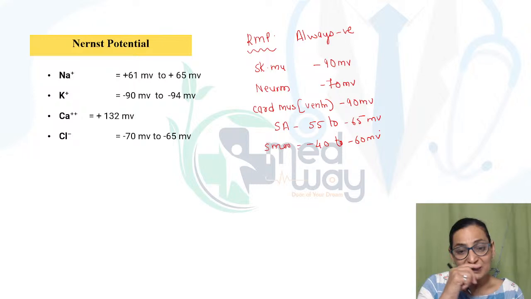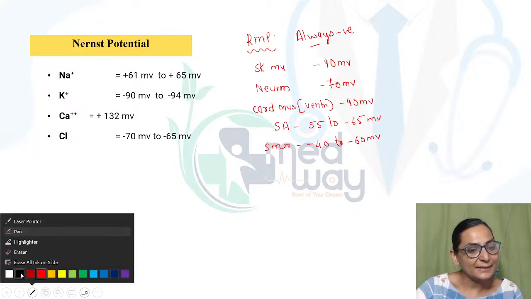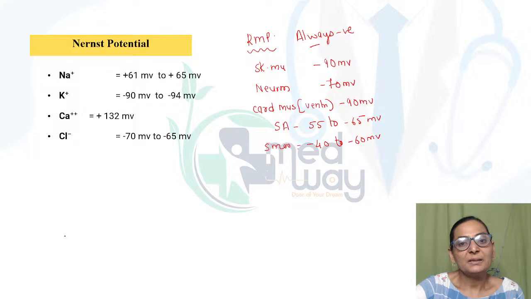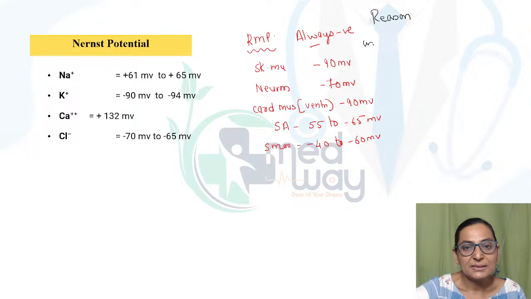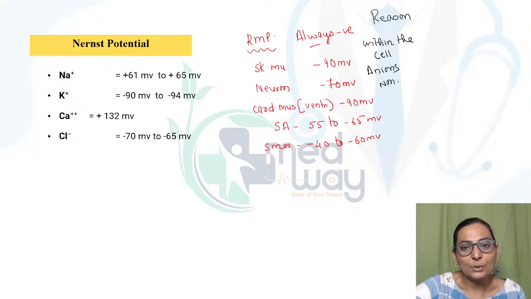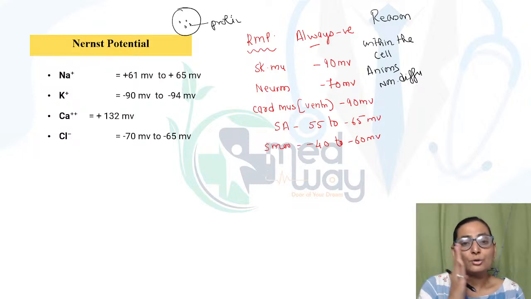That means one thing is very clear, that the resting membrane potential is always negative. What is the reason for this negative resting membrane potential? The reason is that inside the cell, there are anions which are non-diffusible. ओके, हमारे सेल के अंदर कुछ एनायंस होते हैं, मतलब प्रोटीन्स होते हैं, which are non-diffusible.